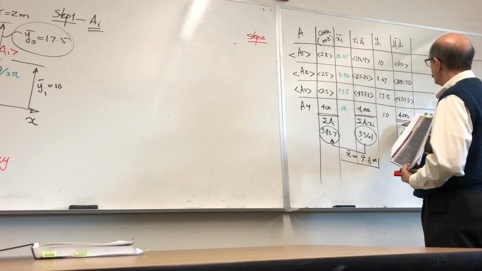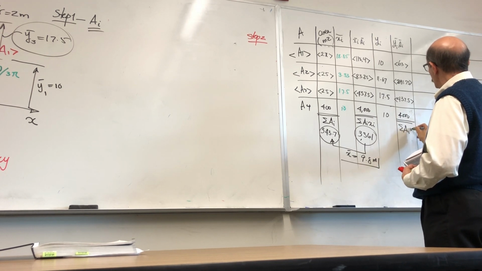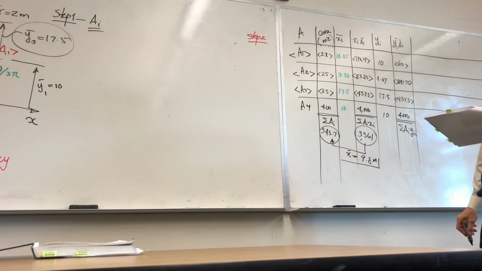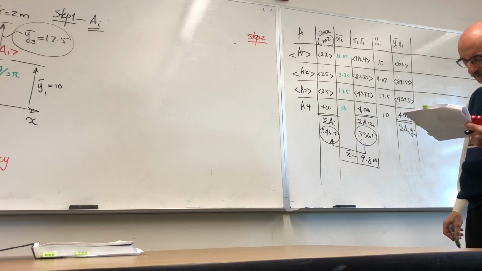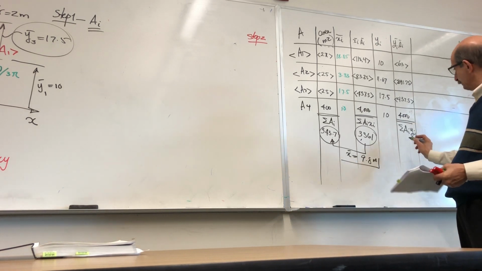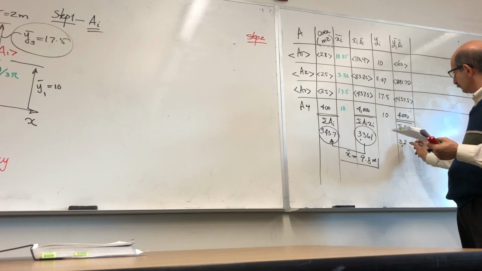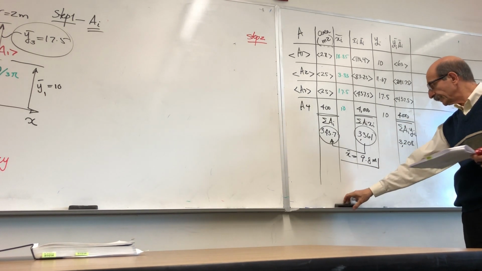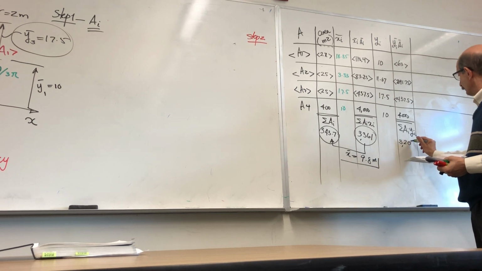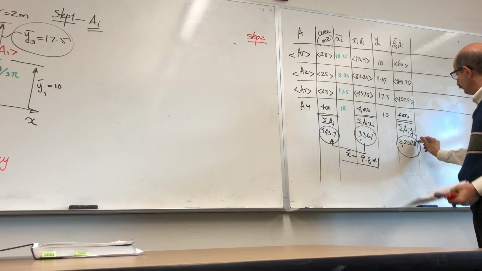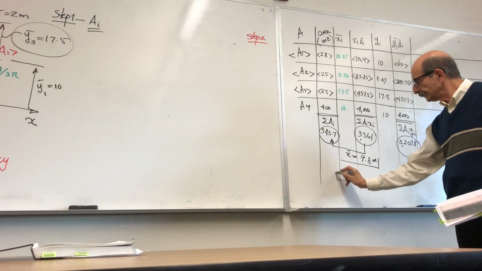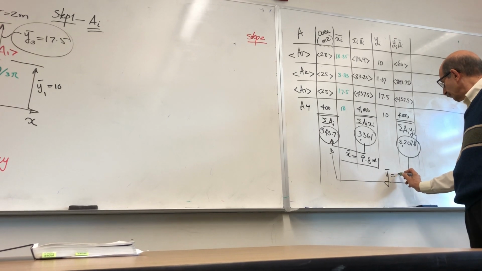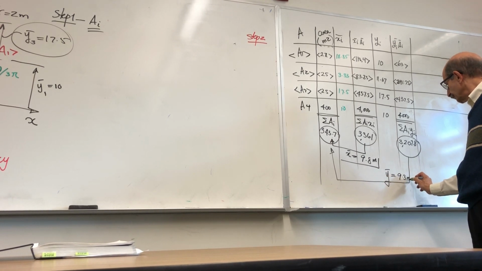So if you add these up, you get the summation of Ai yi, and I have the answer here: 3,207.8. So if you divide this by the summation of Ai, you get y bar, that comes out to be 9.3 meters.